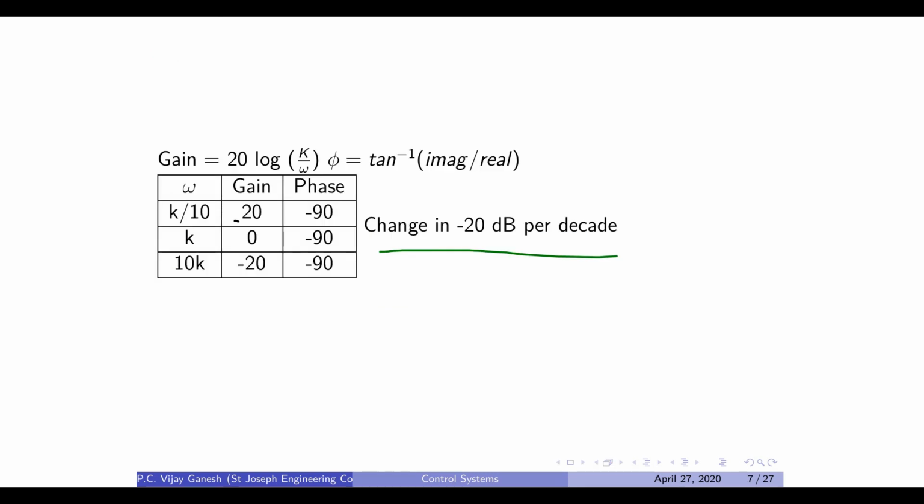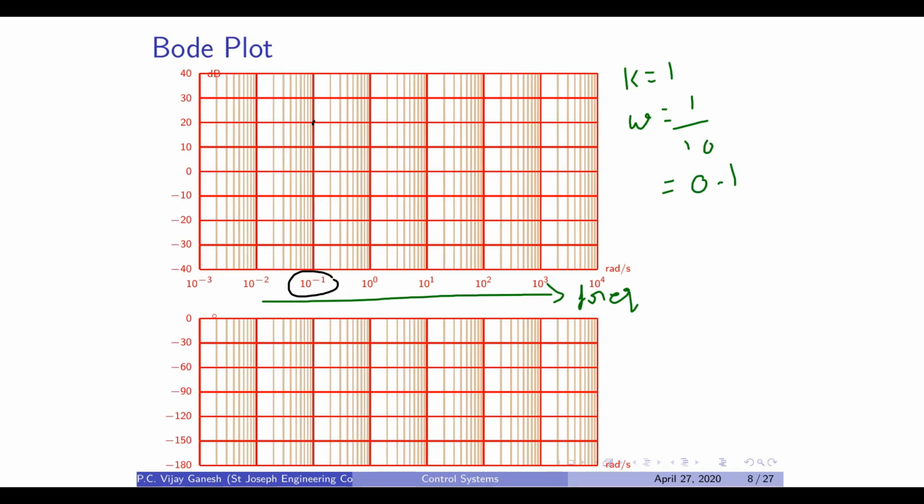What is the value we got at 0.1? It is 20, in a positive direction. So here I am going to mark it as 20. Now what about when omega is equal to k?